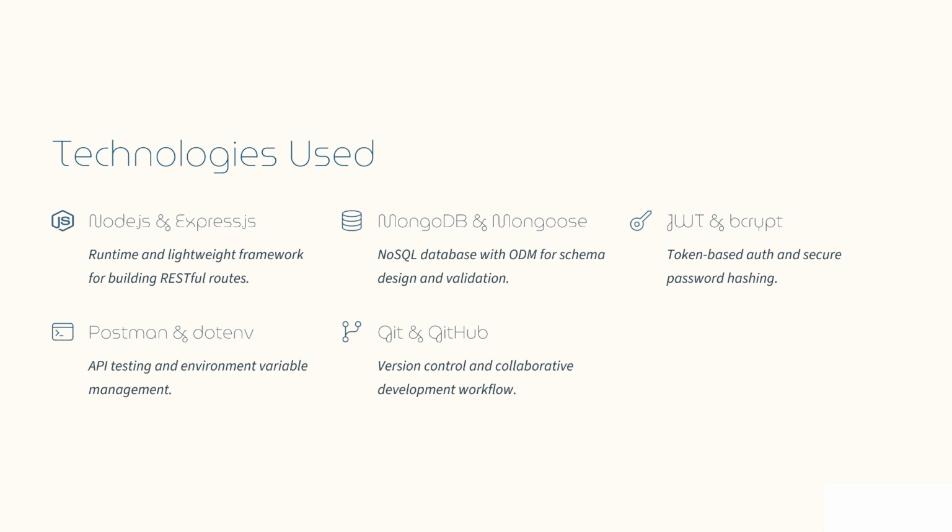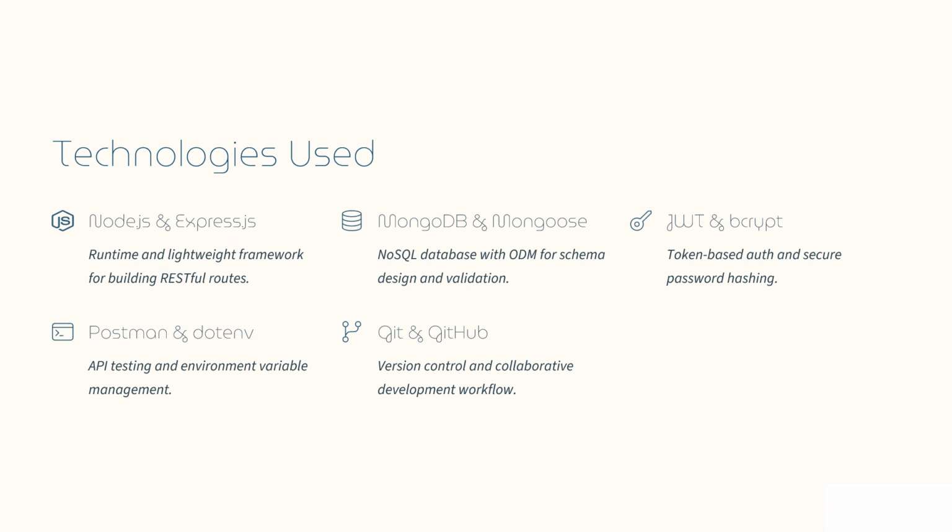Technology used. This project uses several modern backend technologies. Node.js is used as the JavaScript runtime environment. Express.js helps create APIs and manage routes efficiently. MongoDB is used as the NoSQL database, while Mongoose provides schema, modeling and validation.